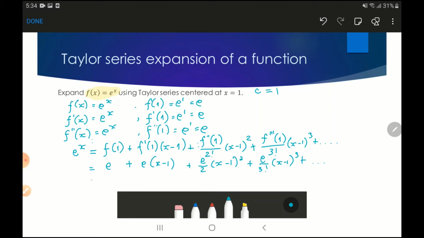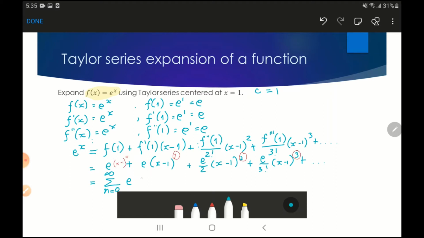So our series is actually the sum, we start with n equals 0 to infinity, of e times, as you can see here, let me put a note. Here we have the power of 1, this is 1, 2, 3. You see that this is like the same as our n. So this is n is 0 over here. We have (x minus 1) to the 0, then 1, then 2.